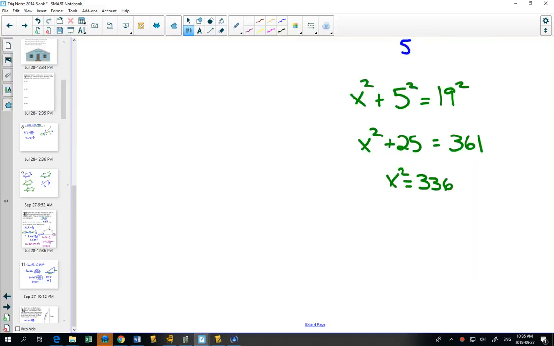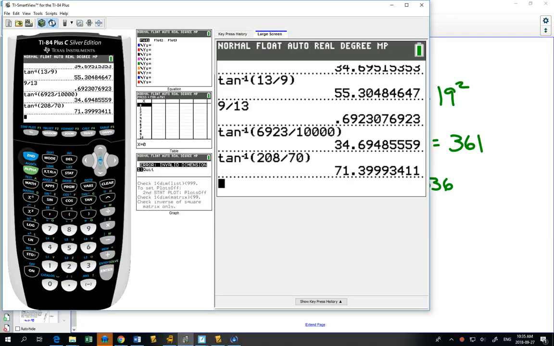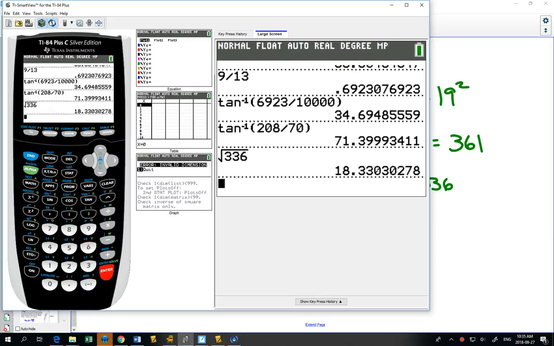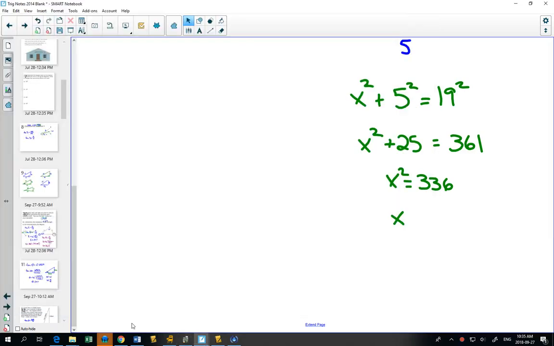336 is not a perfect square. This is not a nice triangle. So you would have to go to your calculator and square root both sides. So square root of 336, and we get 18.33. Technically, mathematically, if I was doing my work perfectly, I would put plus or minus here.